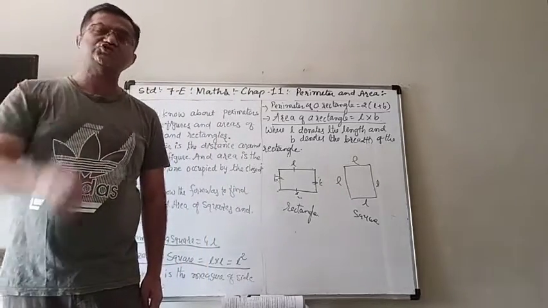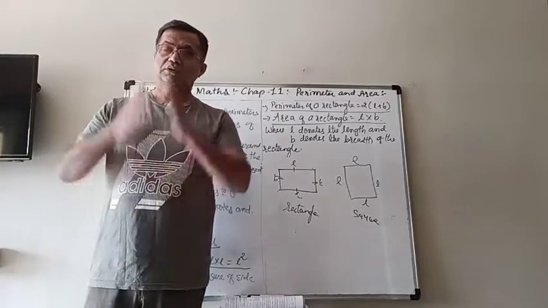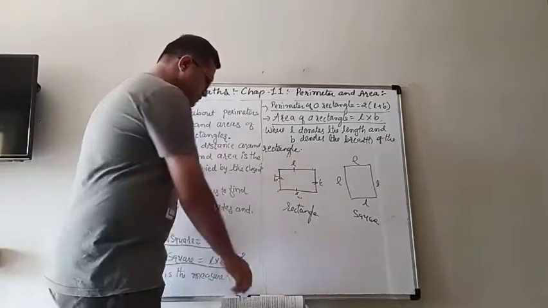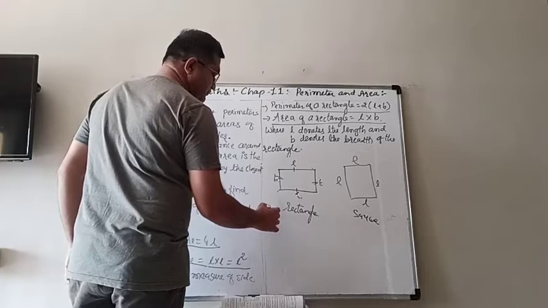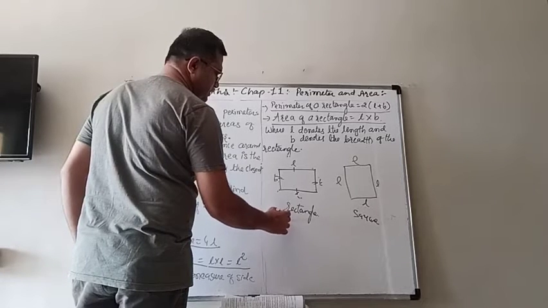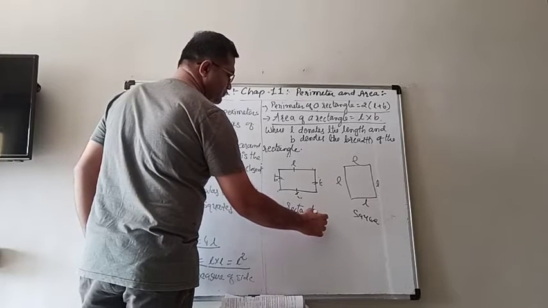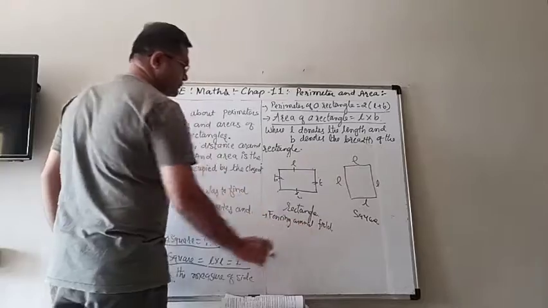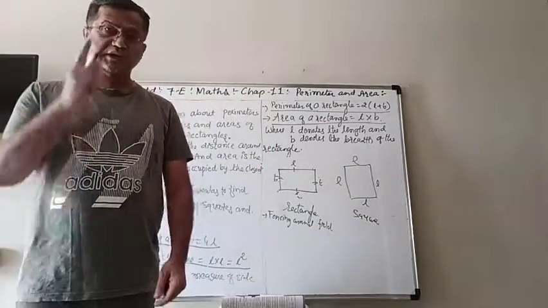Listen, here are some situations that we are going to keep in mind. Suppose we have to find the fencing around your field, your farm, you want to make the fencing.